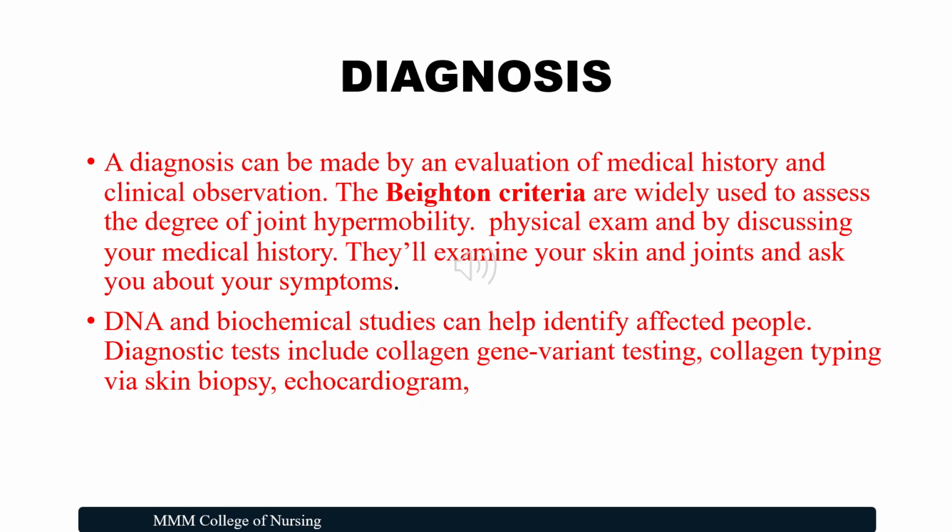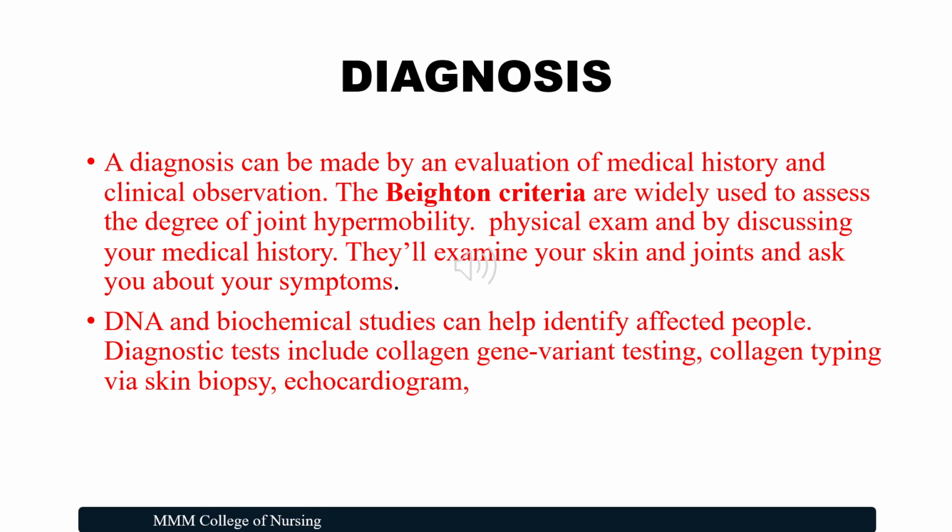Diagnostic measures. Diagnosis can be made by the evaluation of a medical history or clinical observation. A criteria called the Beighton criteria is widely used to assess the degree of your joint hypermobility, and a physical examination and discussion of your medical history may help rule out Ehlers-Danlos syndrome.